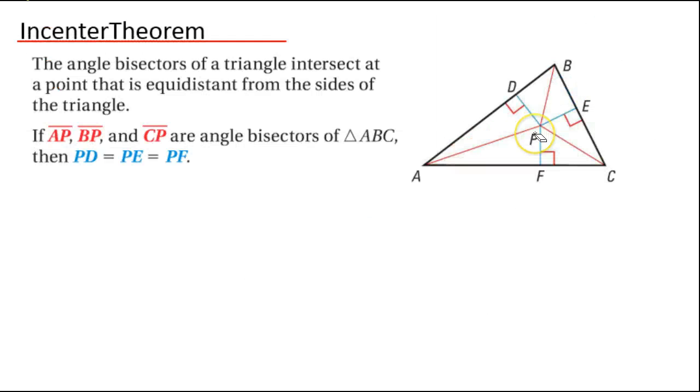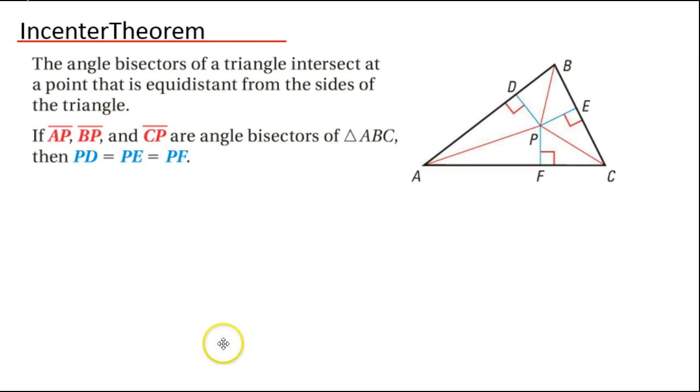Furthermore, whenever we have an incenter, then the sides PD, PE, and PF have to be congruent. If we relate this again to circles, we know that all of these three congruent sides should be the radius of a circle.